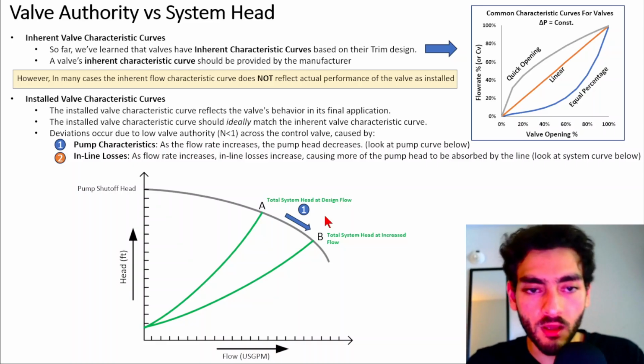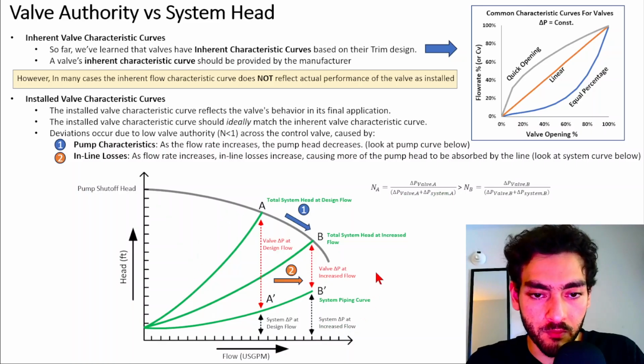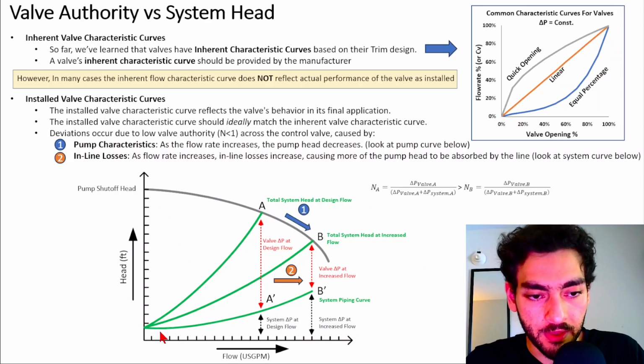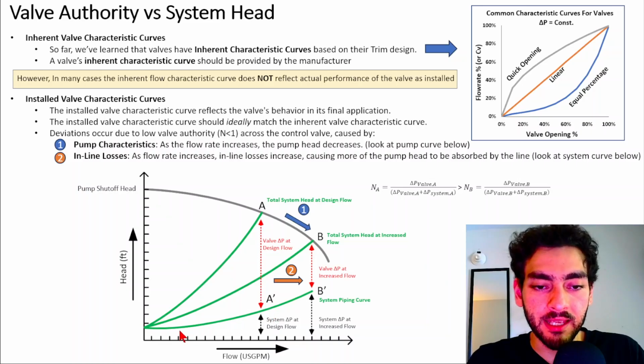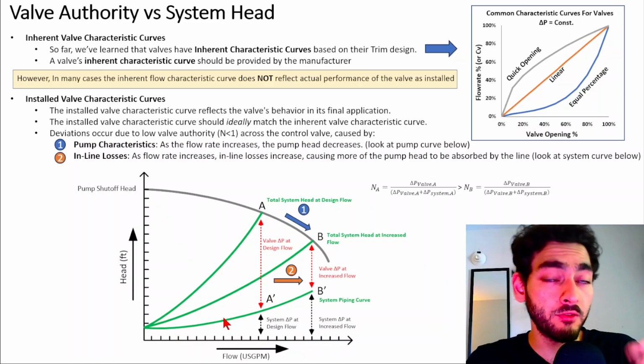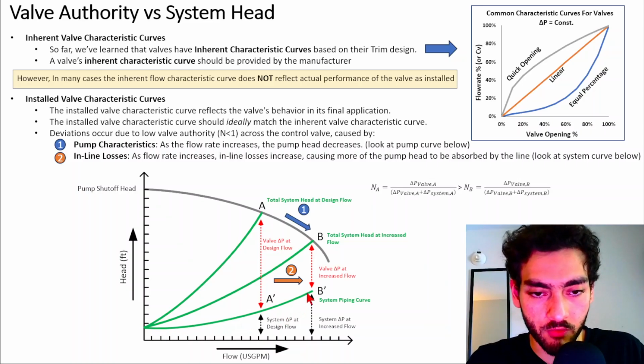So I've annotated this diagram to make it easier for you to see what's going on. This system curve is just for the piping. What I did is I calculated the pressure drop across the piping system without the control valve, and I plotted it over here.